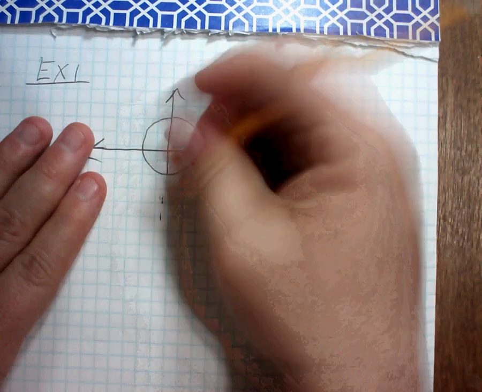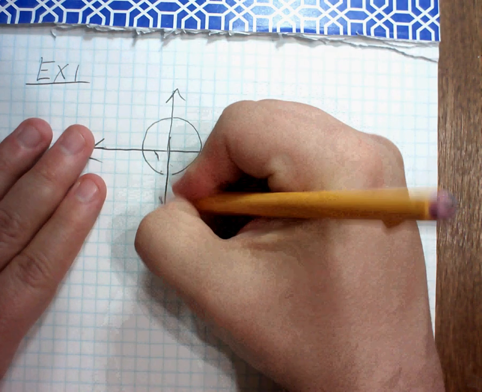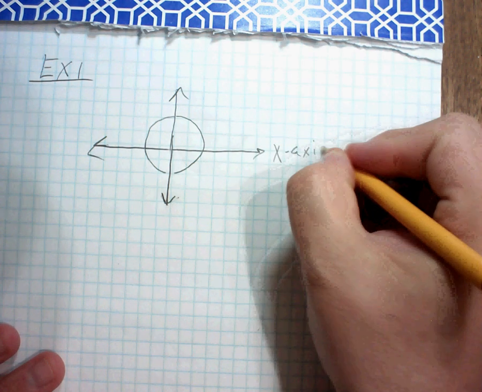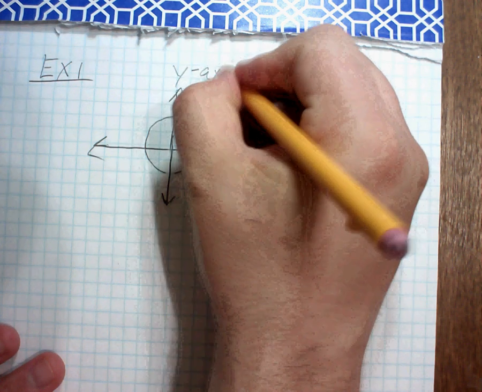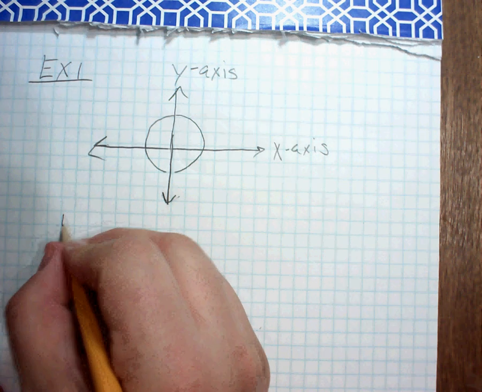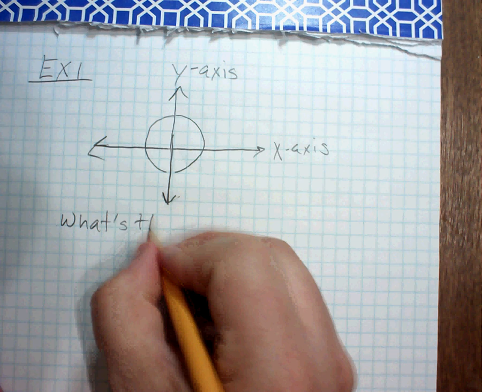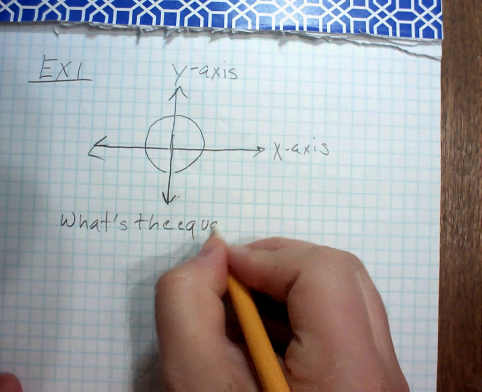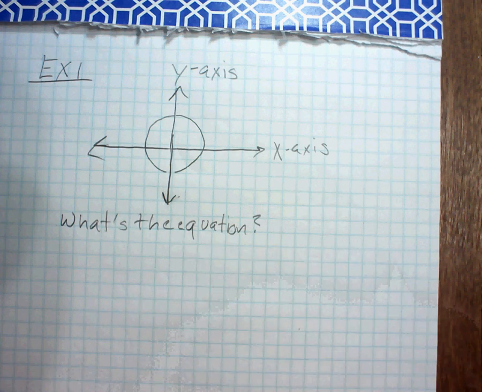Maybe because my xy plane is not perfect. So this is the x-axis. This is the y-axis. And it wants to know, what's the equation of this circle that you see here?